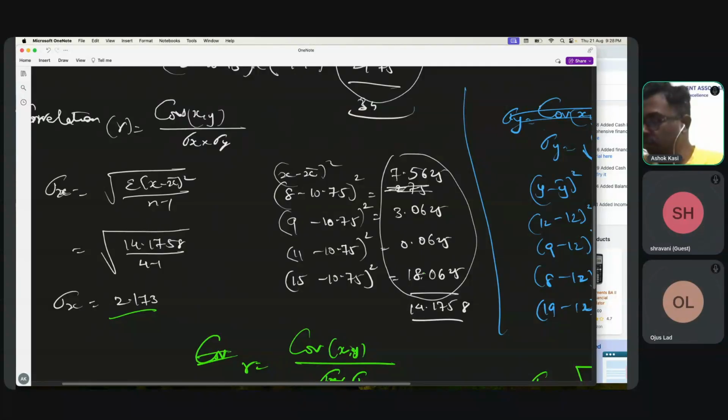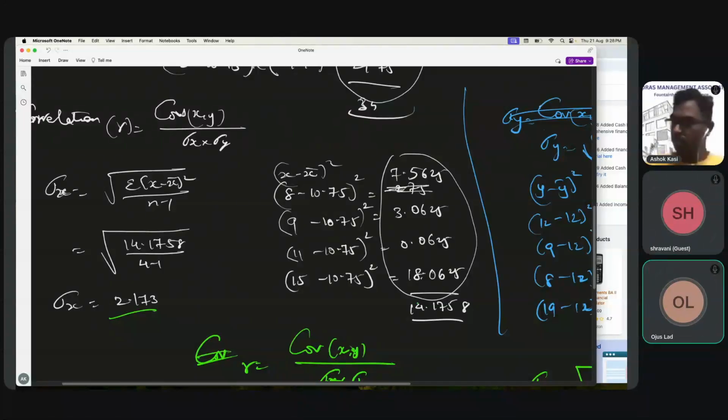Yes, something here must have gone wrong. 7.5625. 3.0624. Yes, sir, the summation is the issue.